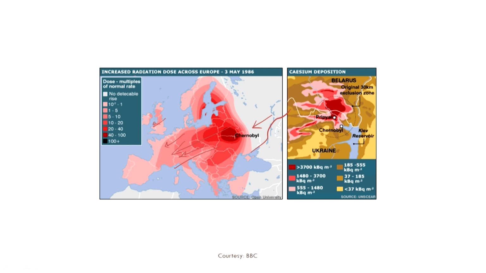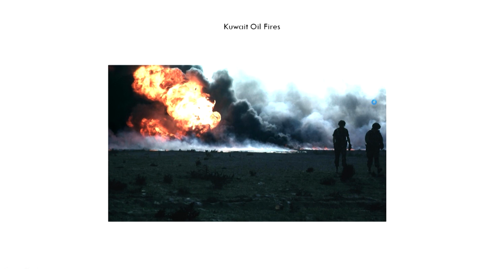Here we are obviously talking about increased radiation dose, different graphs, and cesium deposition, I guess. So, what did they see? Different zones were cordoned off, the original 30-kilometer exclusion zone, but again you can understand the extent of transport here.